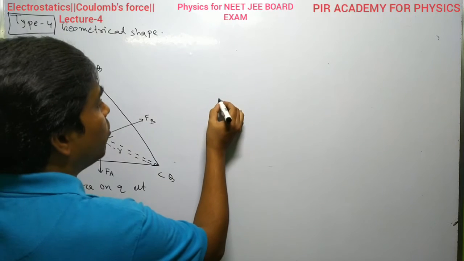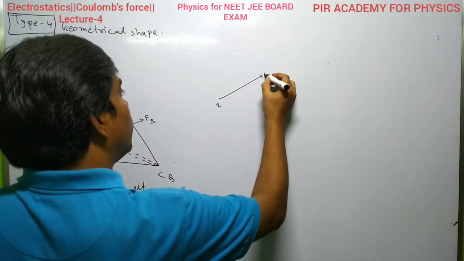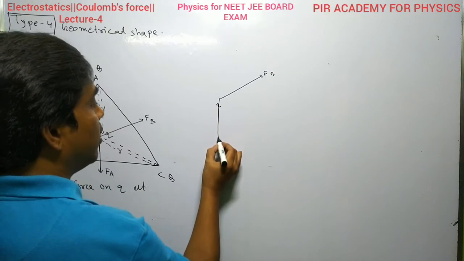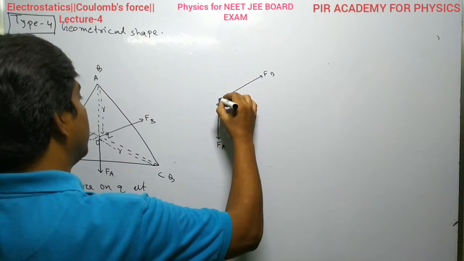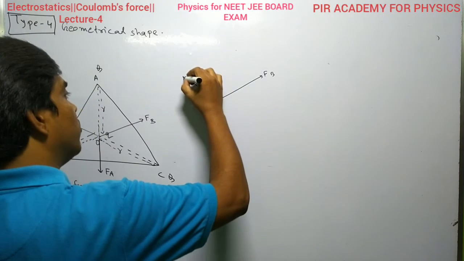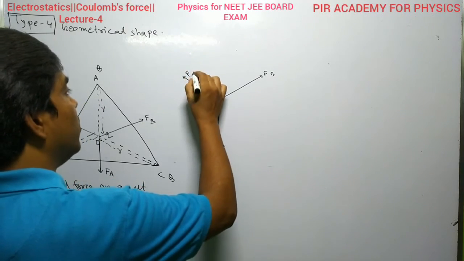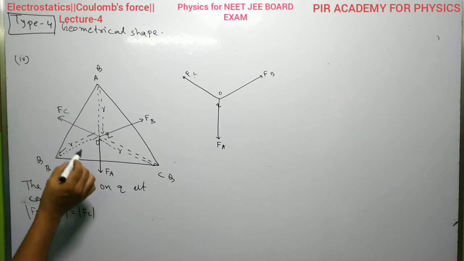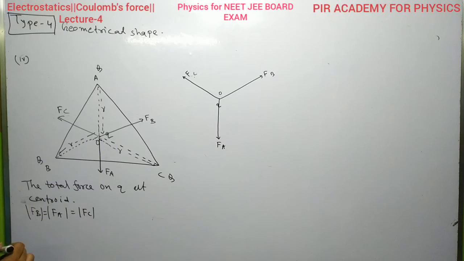So the force on Q is in this way: this is F of B, here is F of A, and here is F of C. Here is O, and the total angle is 360.